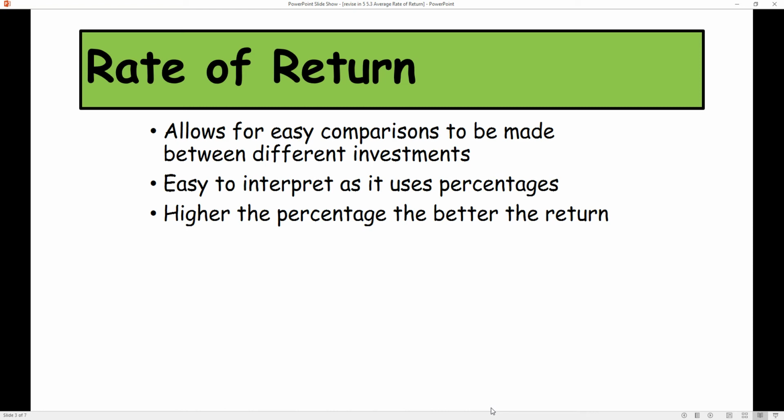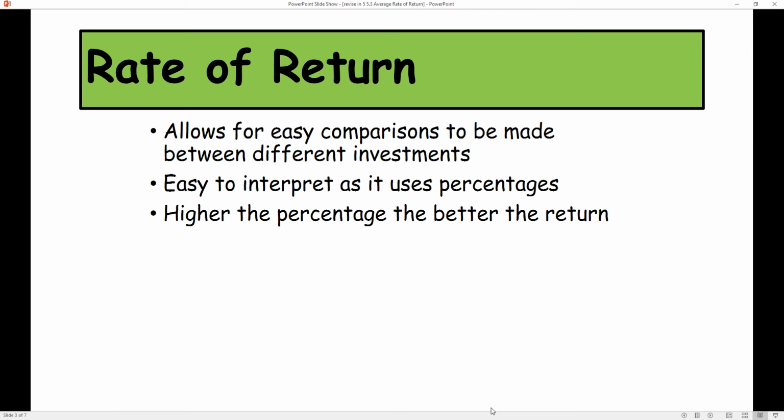It's also easier to interpret as they use percentages, so the higher the percentage, the better. It's sometimes quite hard to look at figures because a big business and a small business might have different figures, but the small business might be more profitable because they've got lower costs.